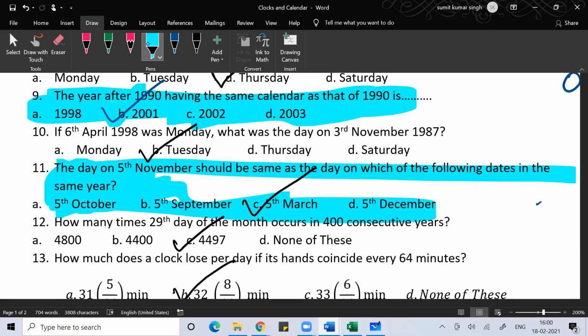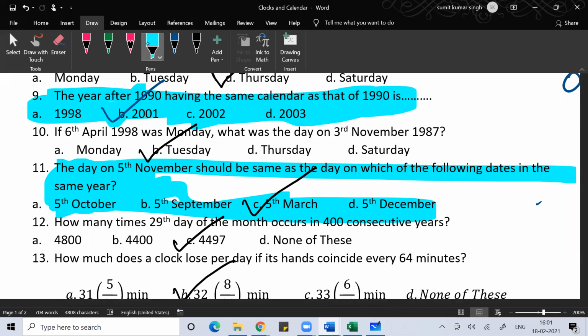Whichever way you do, you get the answer. You can see the options. You can use shortcuts, or you can use the day-wise logic.